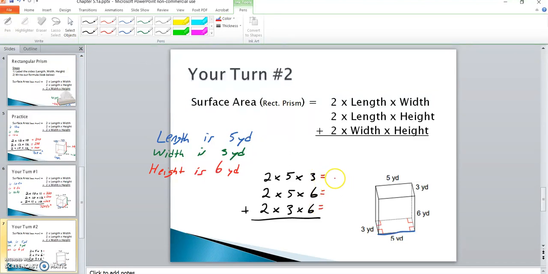So when you add them all up, you're going to have 30 and 60 and 36. So when you add those up, you're going to get 126 yards squared.